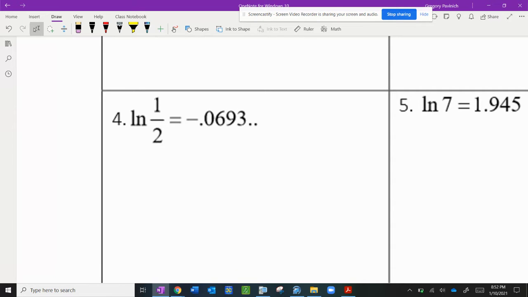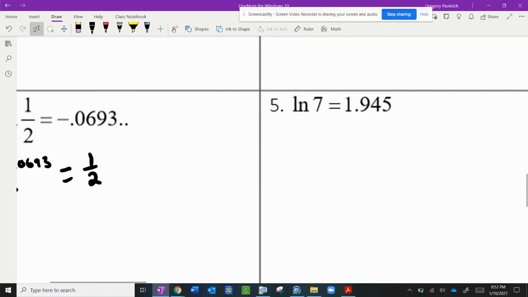We can go the other way too. Now I see the natural log, so I know the exponential is base e, and the input is the output, so 0.0693, and the input of the log is the output of the exponential, since they're inverses.